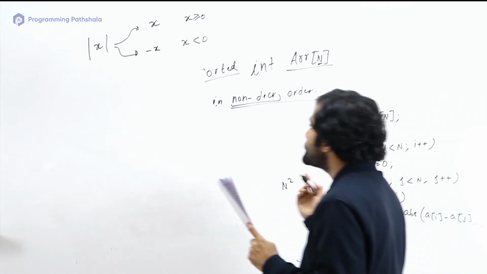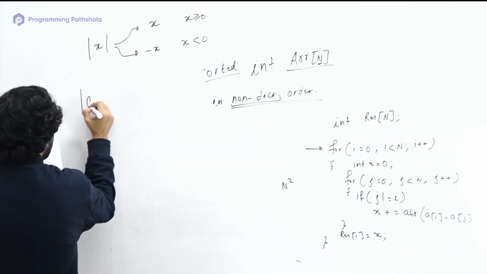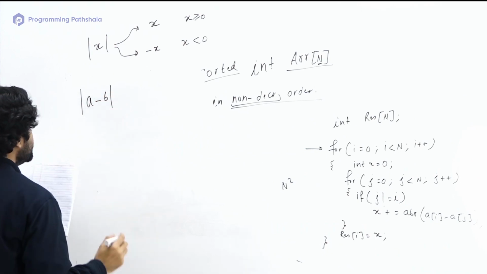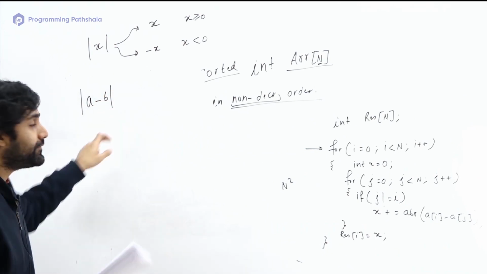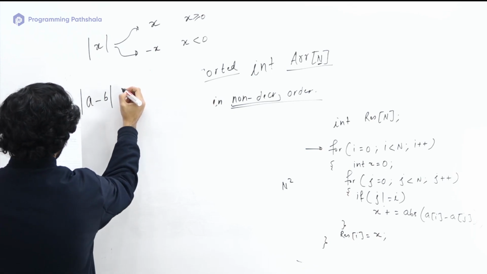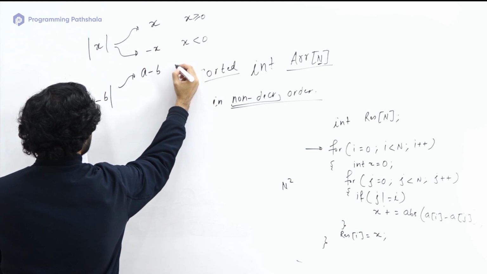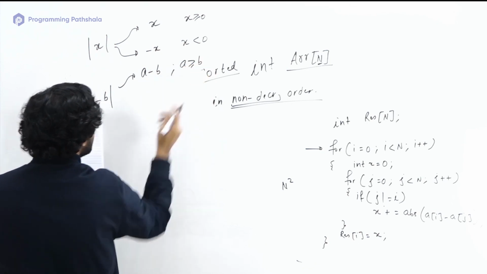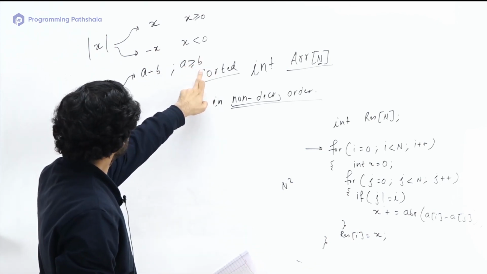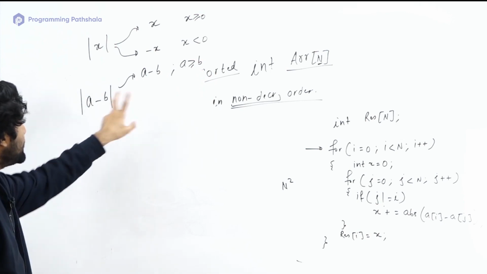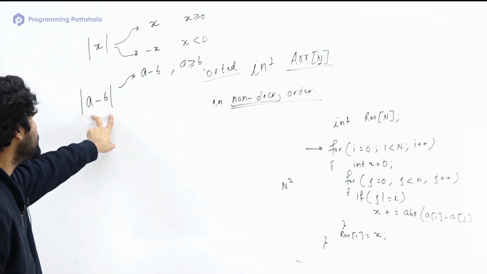And the same thing can be applied everywhere else also. So let's say you are considering two numbers, a and b, and you are doing mod of a minus b. How can mod of a minus b be defined? Mod of a minus b will be equal to a minus b if a is greater than or equal to b, because then a minus b will be greater than or equal to 0.